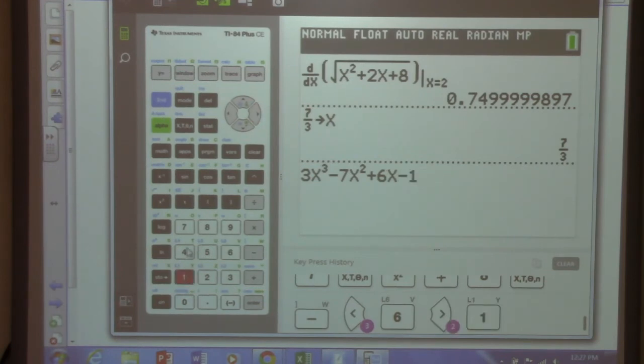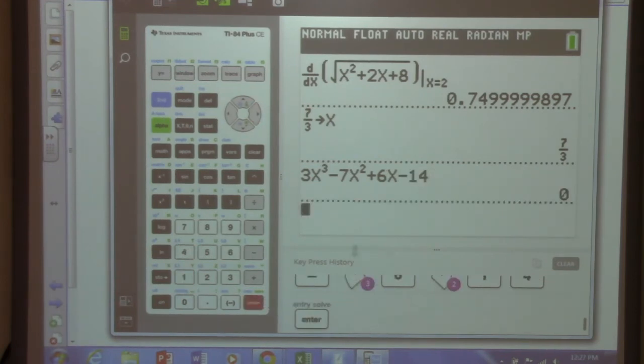Thanks for catching that, that would have been embarrassing. Then we press enter and we get 0, which demonstrates that 7/3 is a real zero, okay?